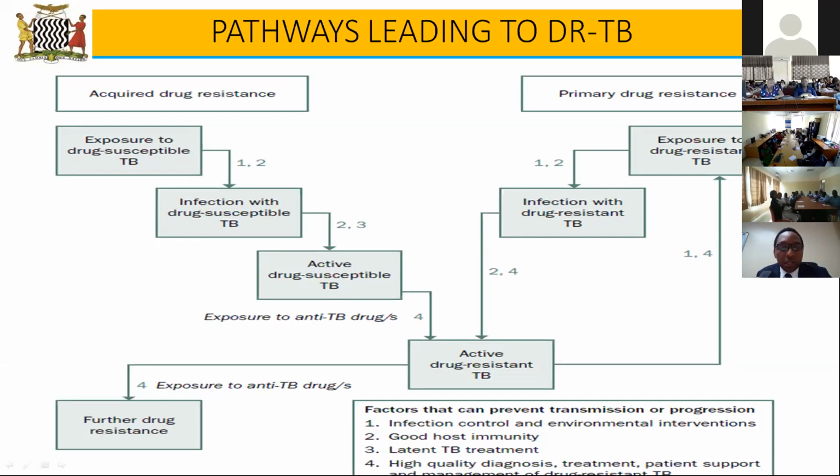Those bacteria that replicate in the presence of the TB drug attain a survival mechanism which we are calling resistance. So meaning no matter how much you give them the TB drug, they will not be killed or they will not respond. That's how I can explain it in simpler terms. So this is why we also emphasize adherence to the TB drug and patients being given the right doses. We could move to the next slide.